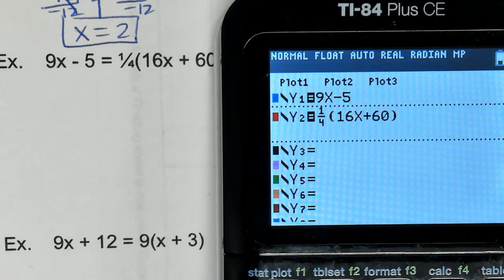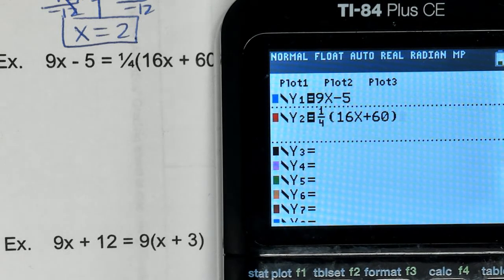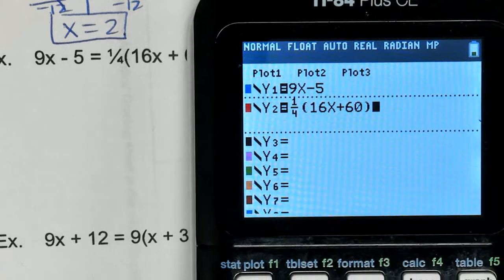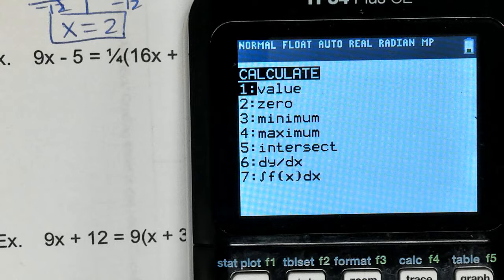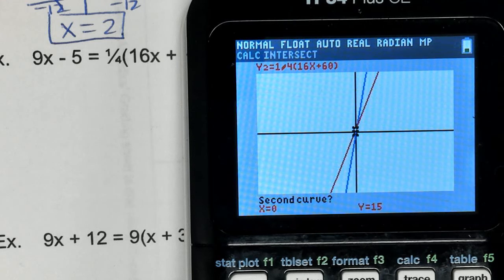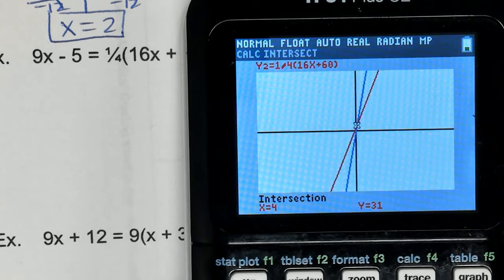Did everybody put it in correctly? Show her where the X button is too. Then you hit second trace, option 5. Enter, enter, enter. And there's my answer.